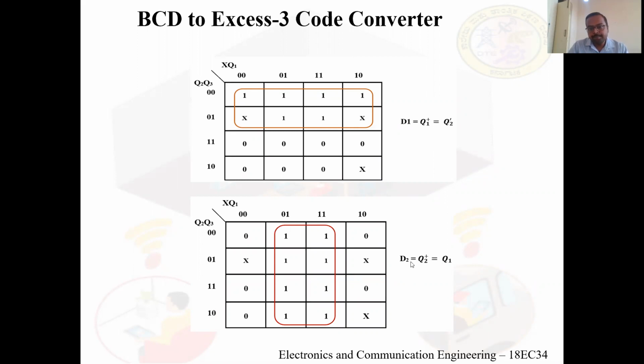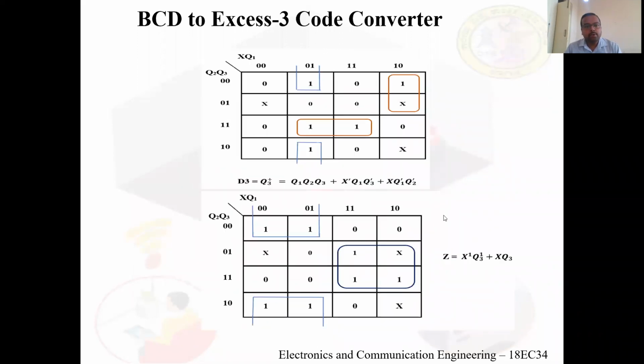Similarly for this one, D2 is nothing but Q2 plus, which is equal to Q1. Substitute the values from the transition table. Simplify. This one is equal to Q1. Now similarly, do it for D3 and the output Z. Now for D3, which is nothing but Q3 plus, it is equal to Q1, Q2, Q3.